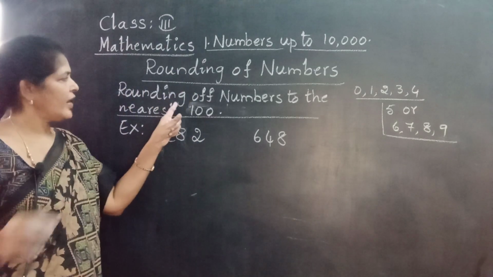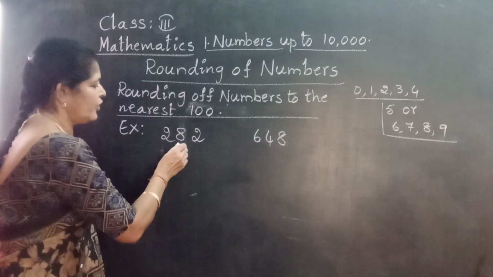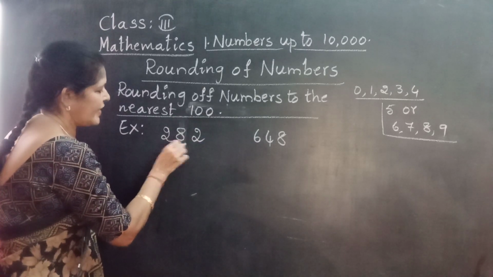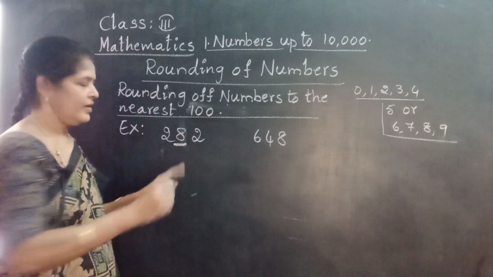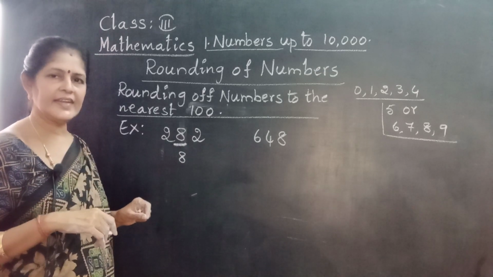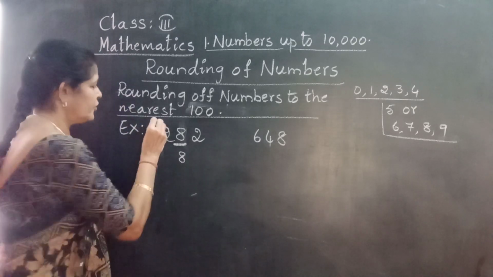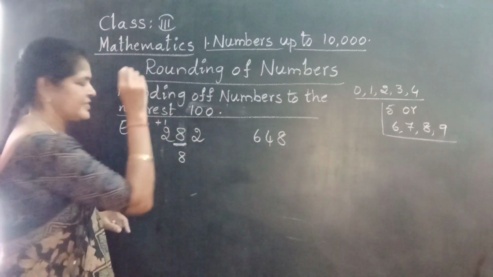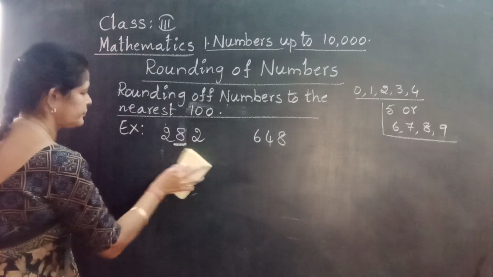Now when we round numbers to the nearest 100, we check the tens place number. What is the tens place number? 8. 8 is greater than 5. Then add 1 to the hundreds place number. Okay, write it down. See properly.